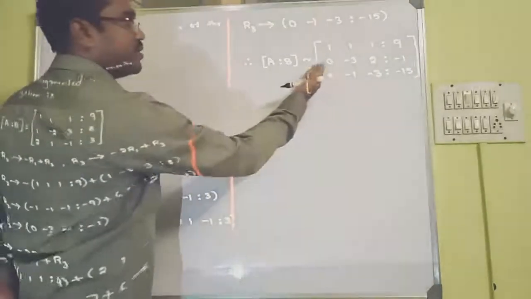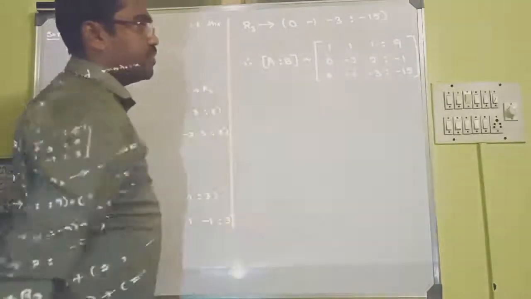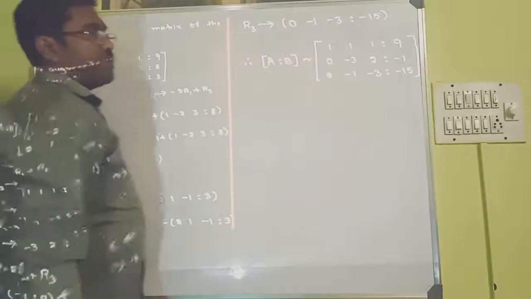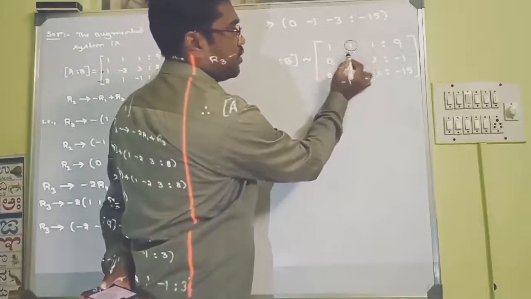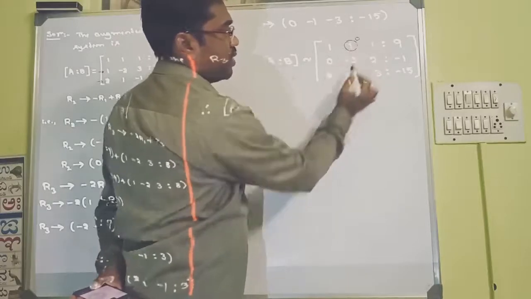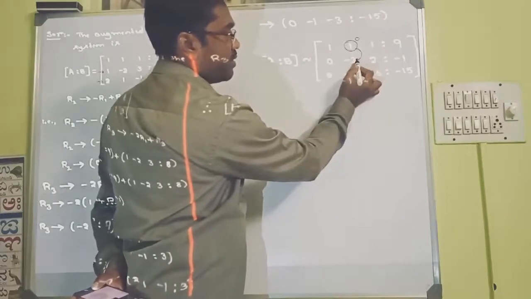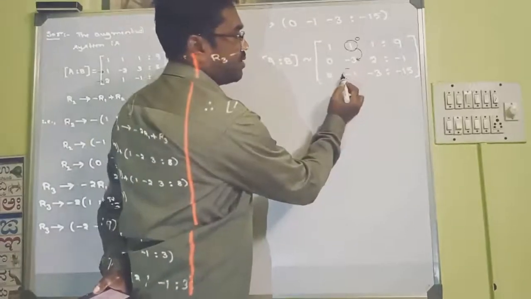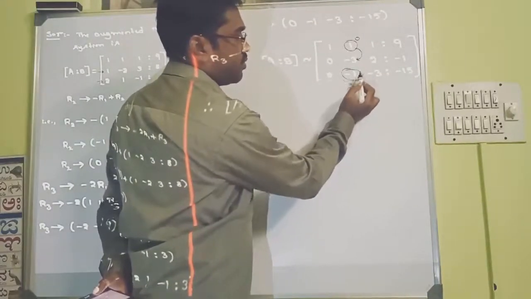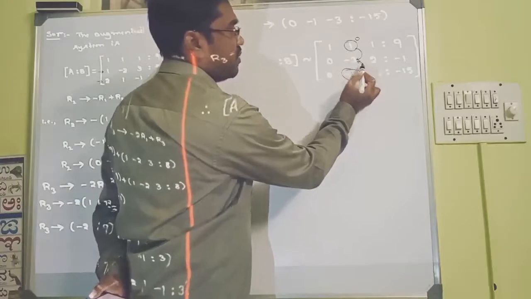Yes, we have replaced new R2 and new R3. Then we make this element 0 with the help of this middle number, and we make this element also 0 with the help of this middle number only.